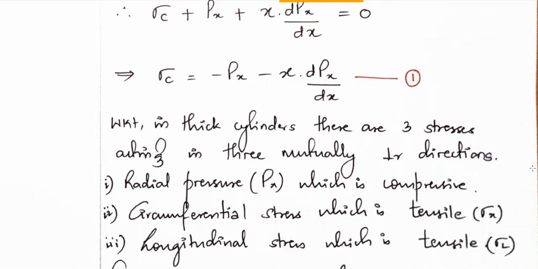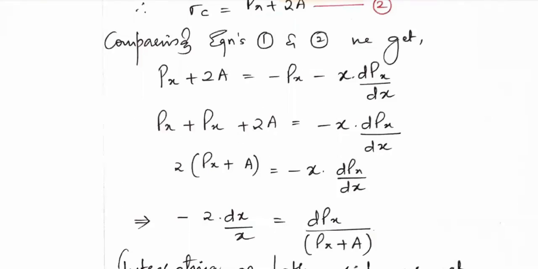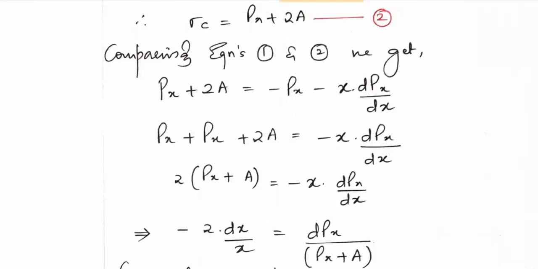So the RHS of equation 1 is minus Px minus x into dPx divided by dx, and I have written here Px plus 2a, which is the right hand side of equation 2. Both are equated because the LHS are equal.